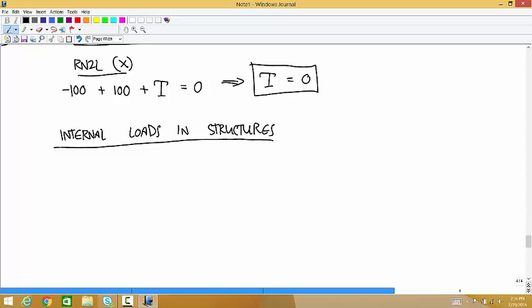So here's an example. I'm just going to do this with an example, I think. Okay, so there's a wall. It's supposed to be vertical. And here's a cantilever beam at an angle of 30 degrees from the horizontal.